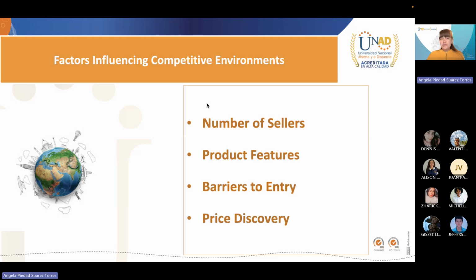So, for example, we can produce broccolis here in Colombia with a very good quality, and export to the United States. There is the opportunity, there is the place in the market that we can fill. The characteristics of the product are perfect for the market, but we have some barriers to entry.